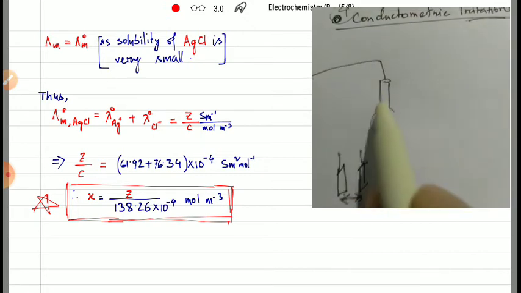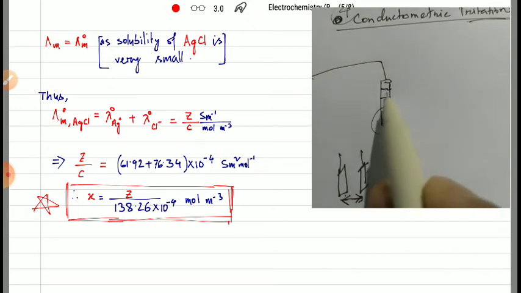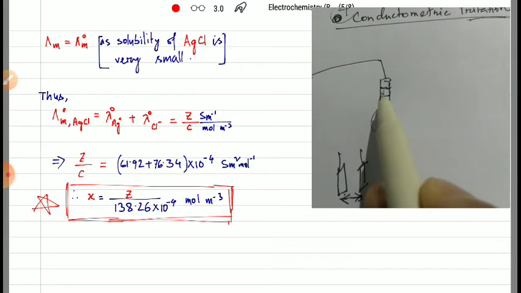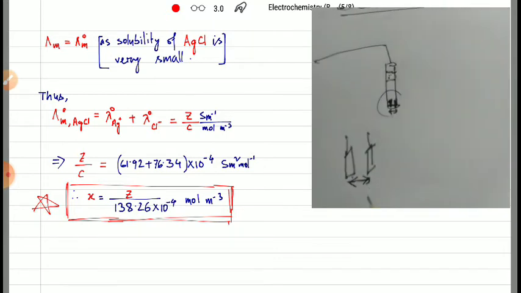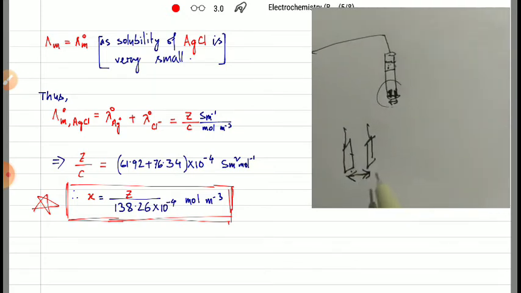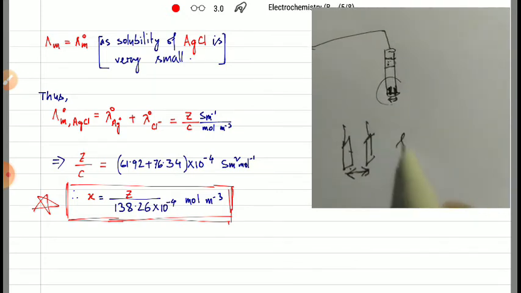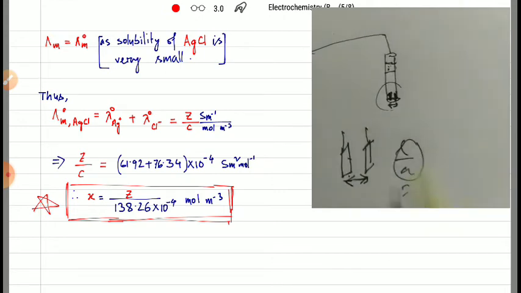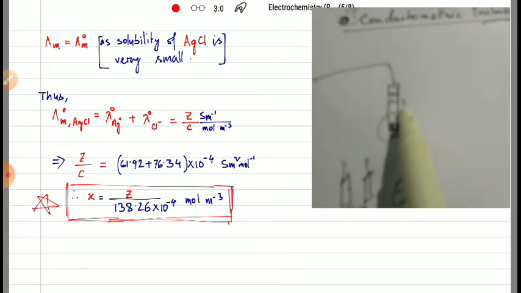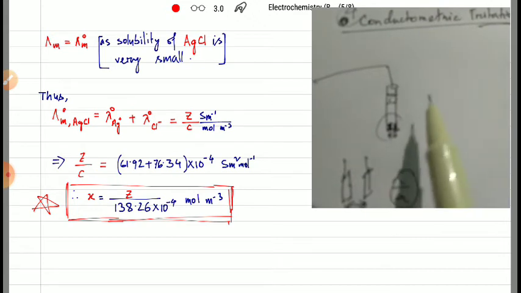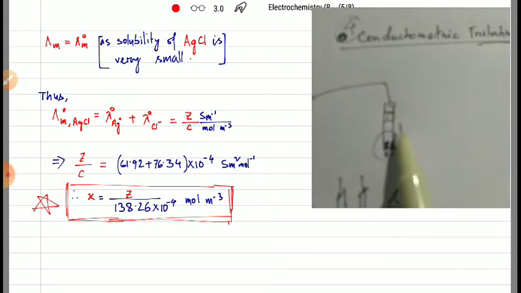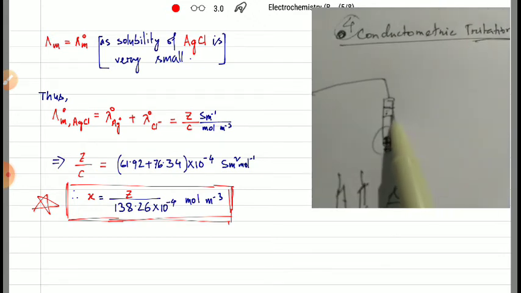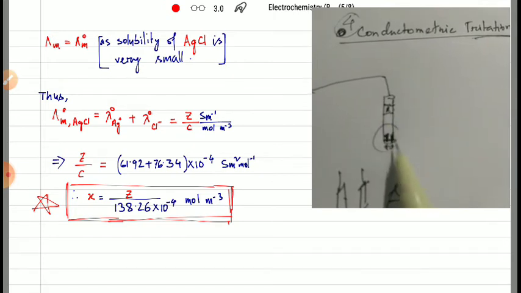This is your cell constant. You can calculate the cell constant if you know the area A and the length l: cell constant is equal to l by A. Usually the cell constant is written on the top of that electrode.